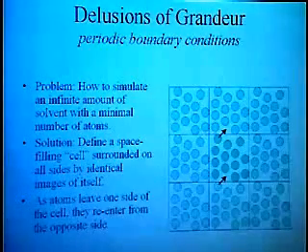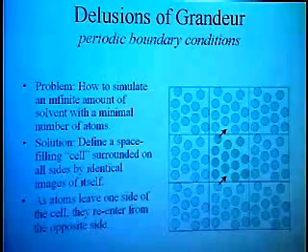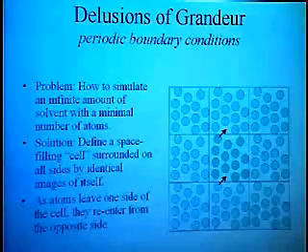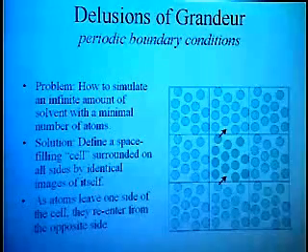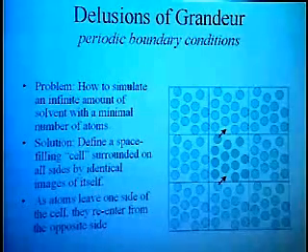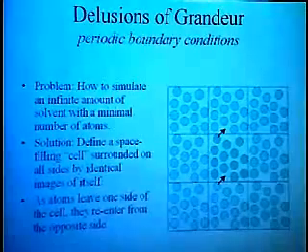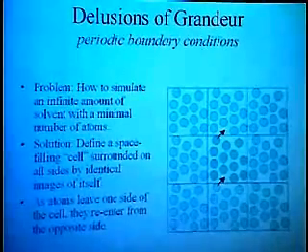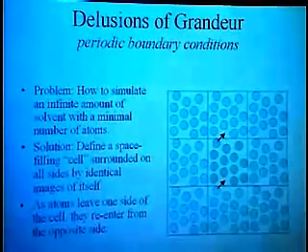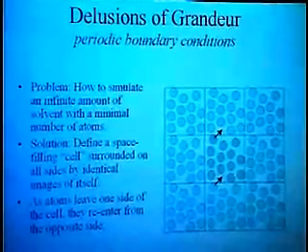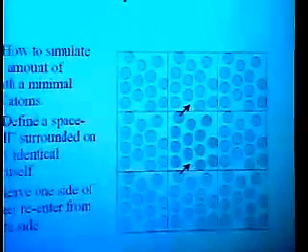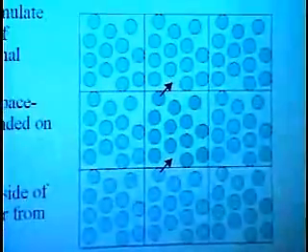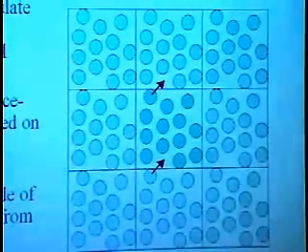Well, we can provide this illusion so that there aren't any surfaces by saying, okay, we have an internal cell, and we surround the cell on all sides, 27 different sides, by identical copies of itself that it interacts with. And if one atom leaves the cell on one side, it emerges on the other side, and you interact with all of these neighbors. And that way you appear to be in an infinite body of water.